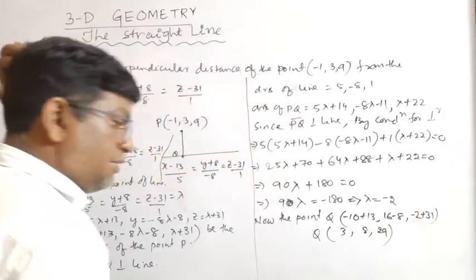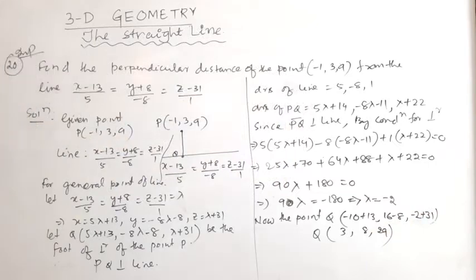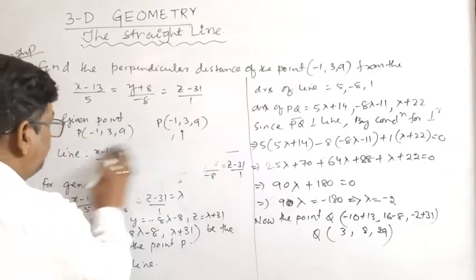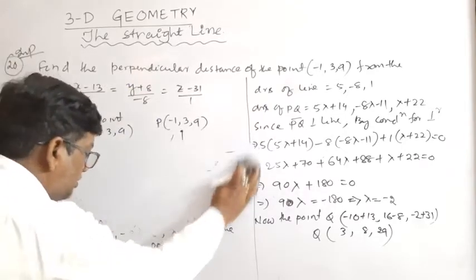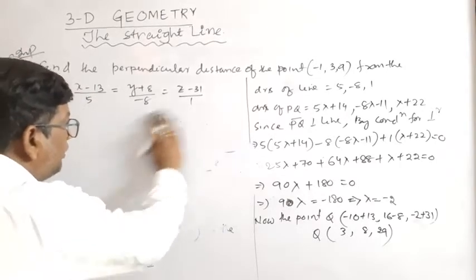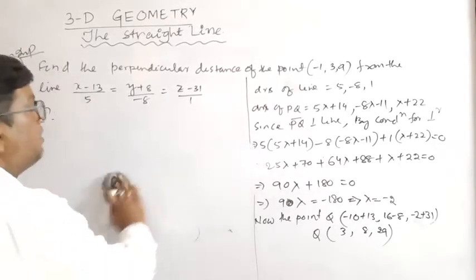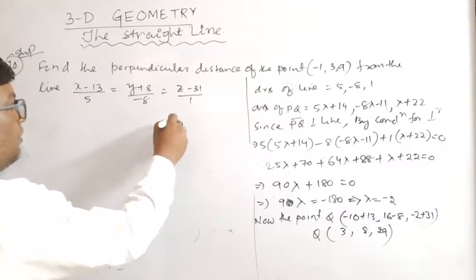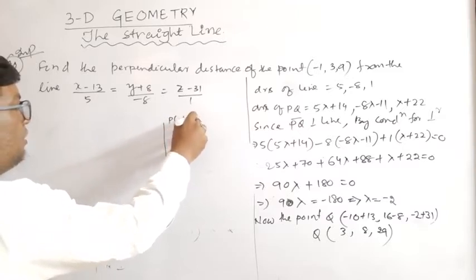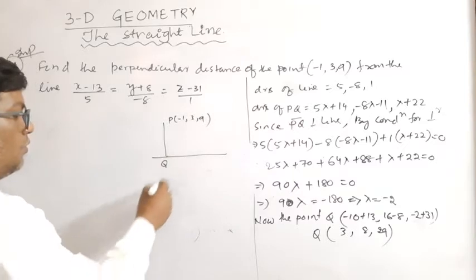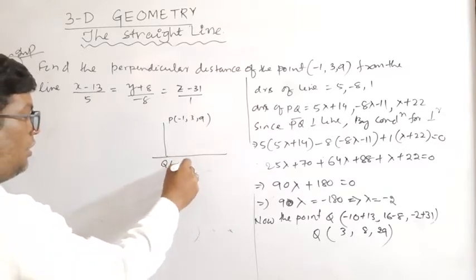Now find the perpendicular distance, that is the distance PQ. P is (1, minus 3, 9), and Q is (3, 8, 29).